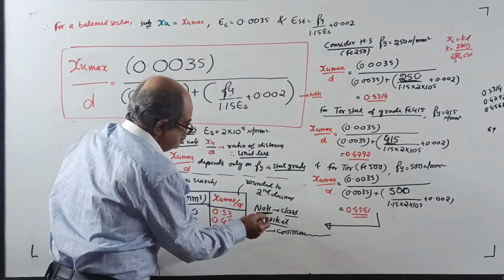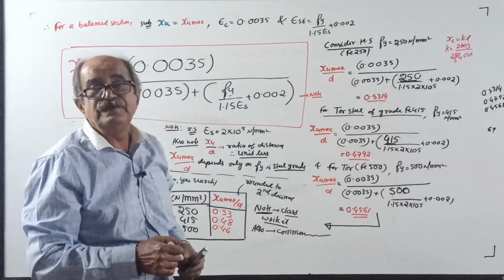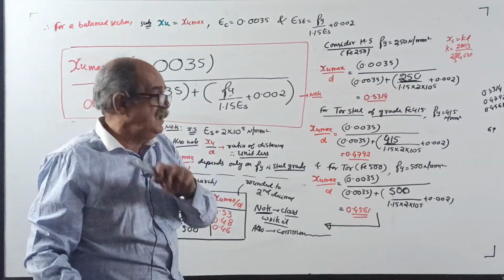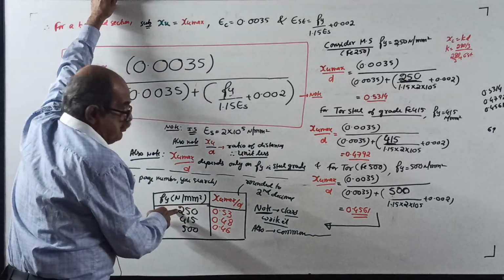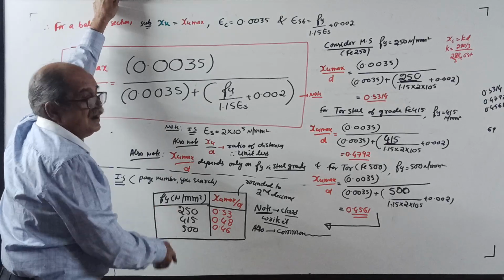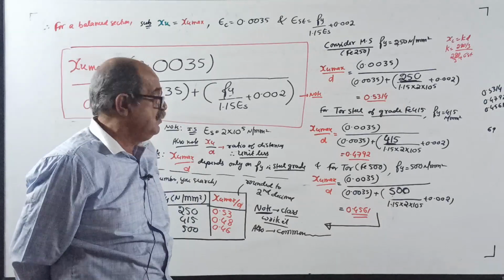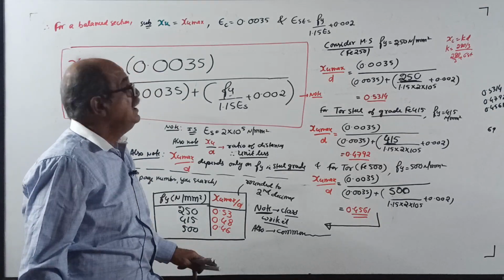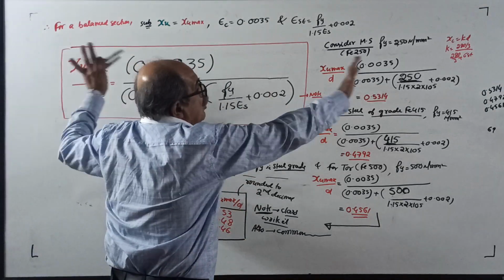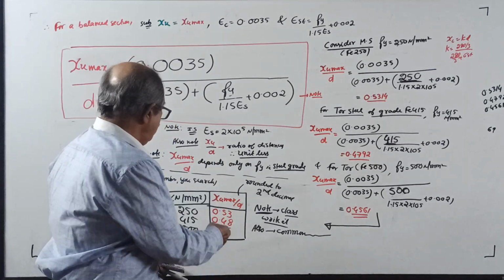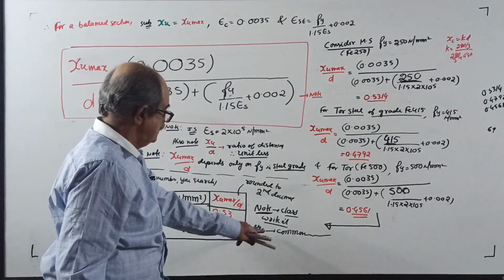Therefore, one note. In class, from now onwards, make a note. If you are using mild steel of Fe 250 grade or TMT bar of grade Fe 415 or Fe 500, we will not bother about all these things. We will directly write from the IS code what XU max by D is.